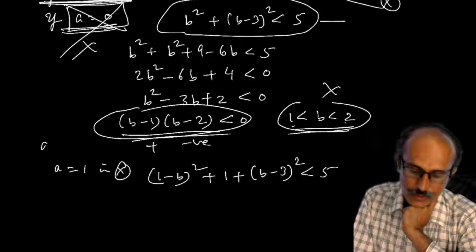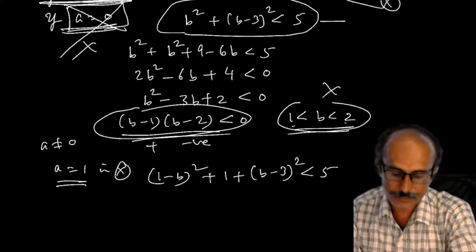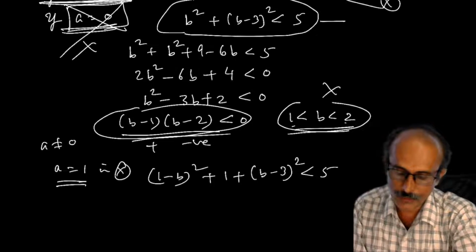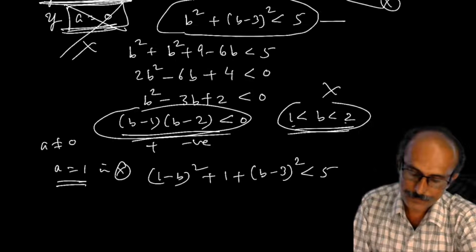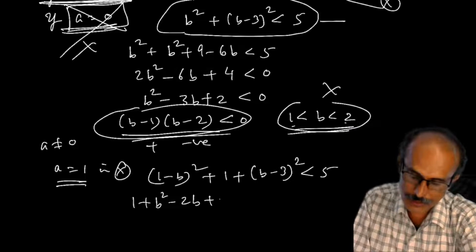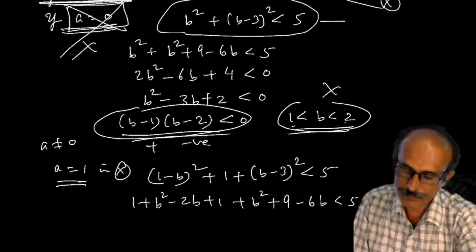So a is not equal to 0. I am looking for the chance for a equal to 1. If a equal to 1, we are getting this inequality, which simplifies further: 1 plus b square minus 2b plus 1 plus b square plus 9 minus 6b less than 5.